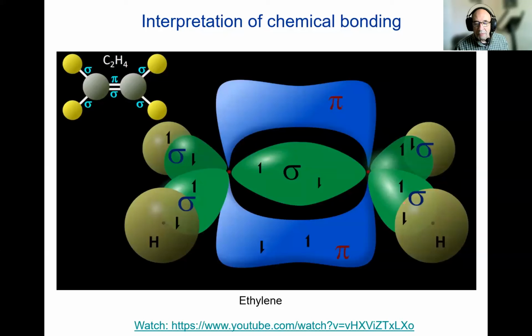So how many people are familiar with this type of terminology, and how many know where these sigma and pi orbitals come from? Maybe you can show your hands so that I can have an idea.